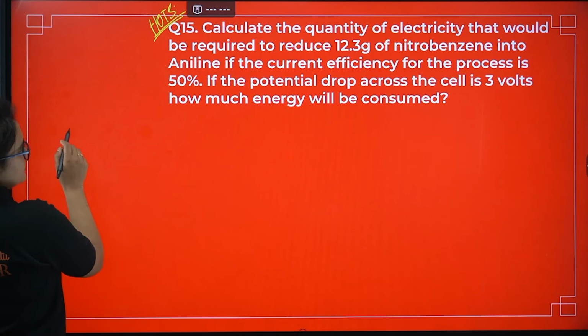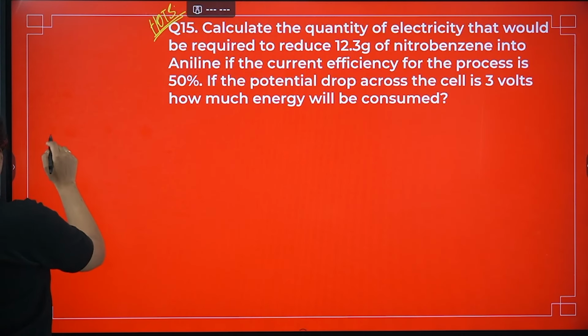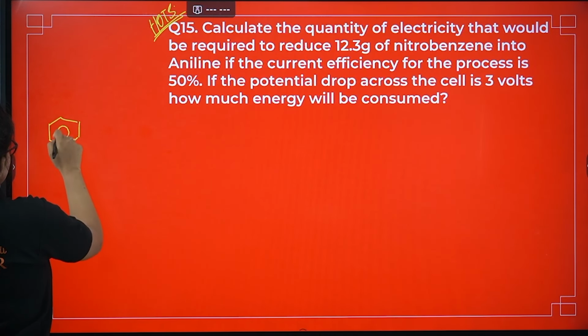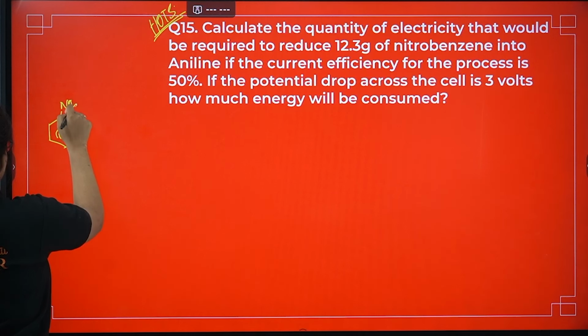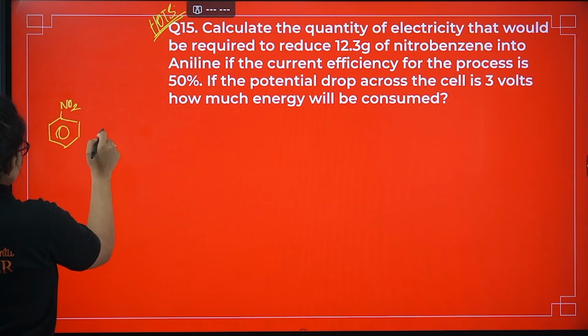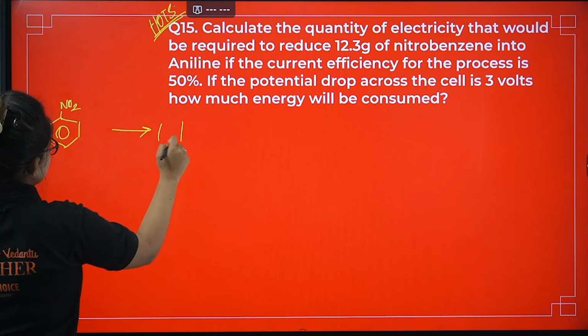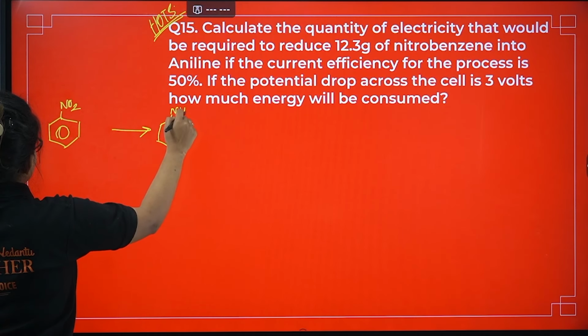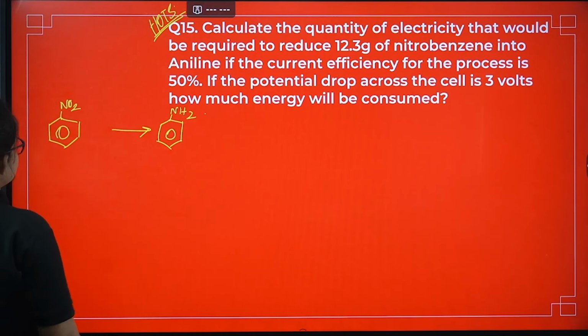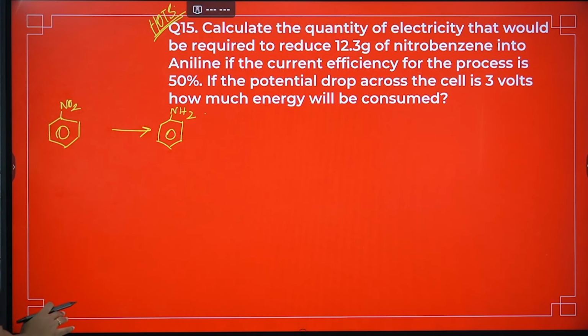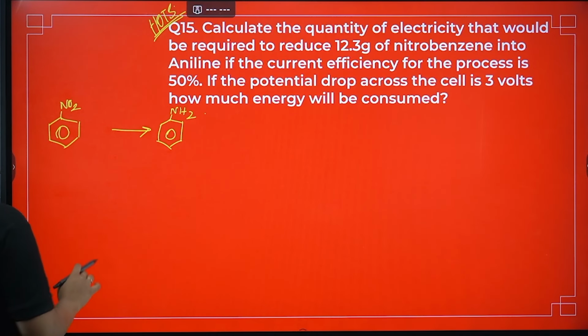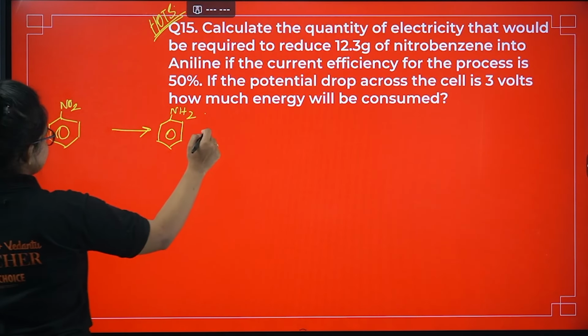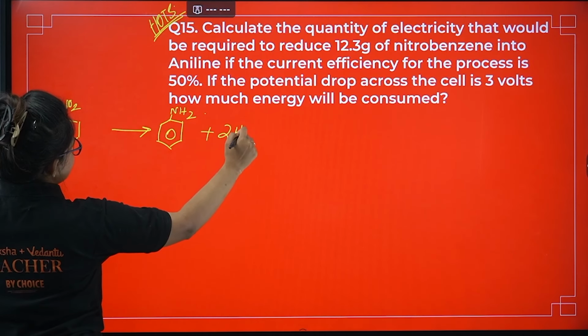So let's do the reduction to aniline at first. Let's see how many moles of electron you need. So this is your NO2. Okay, NO2 gets converted to NH2. Right? So in order to balance this equation, here I have total 2 oxygen, so I can put 2H2O here.